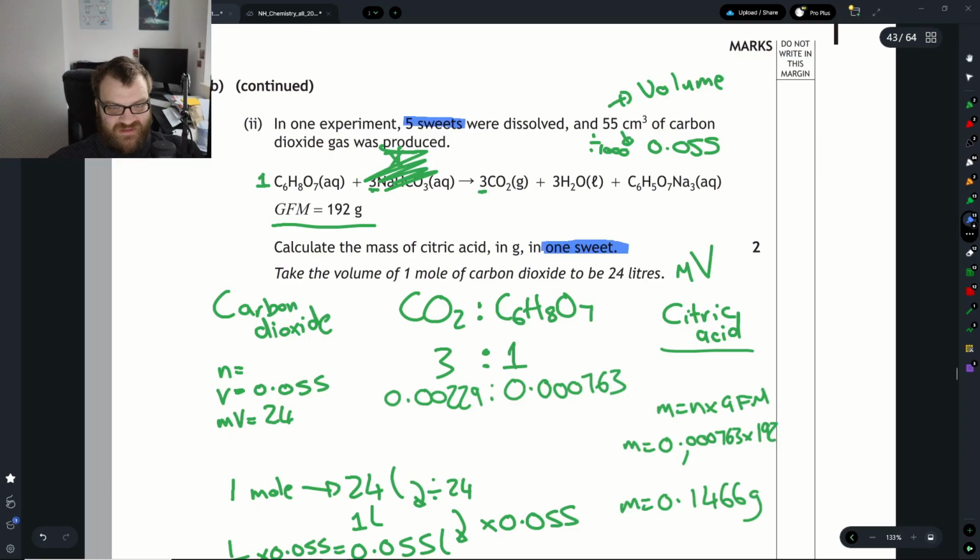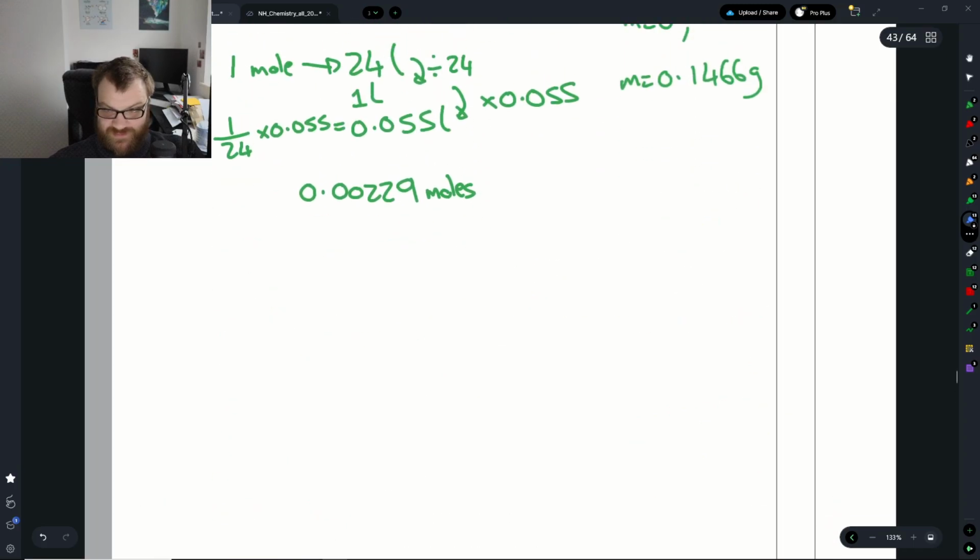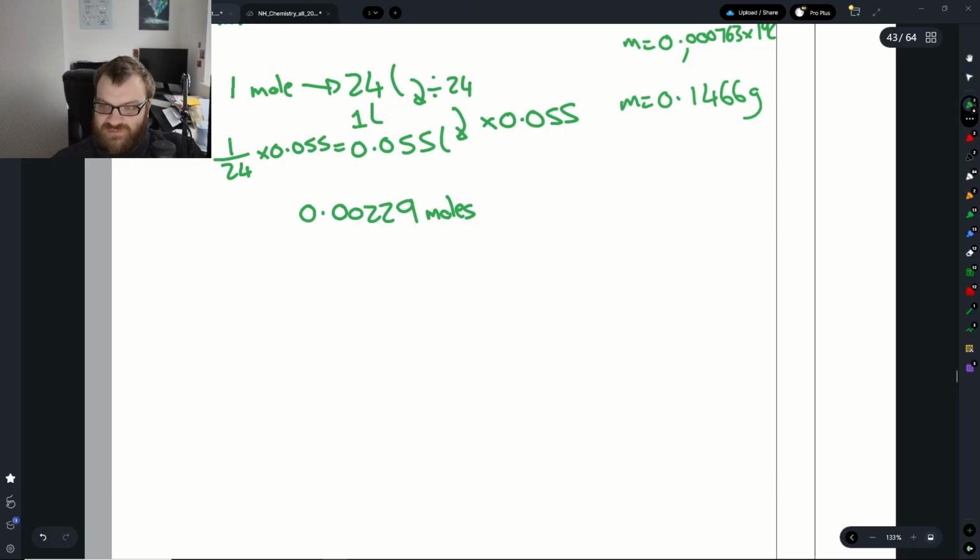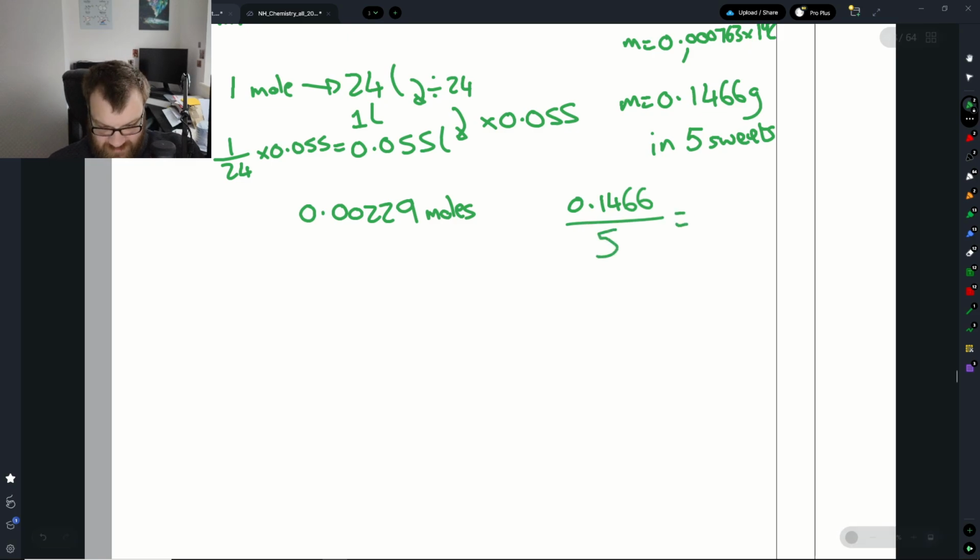Previously in the question, it tells us that's for 5. So if we've got that many grams in 5 weeks, then we want to divide that by 5. Divide that by 5 to get our answer for 1 week.